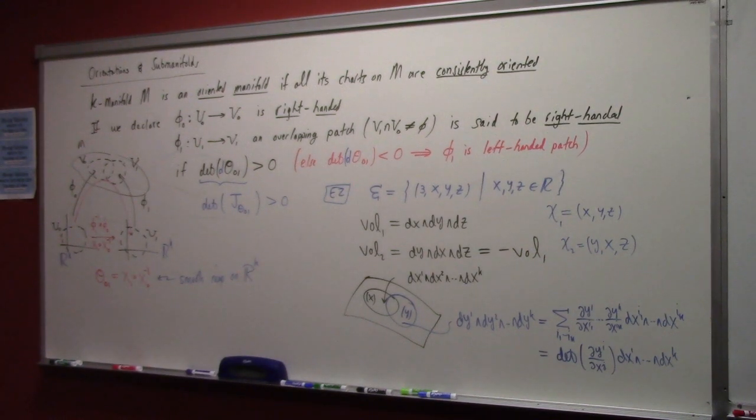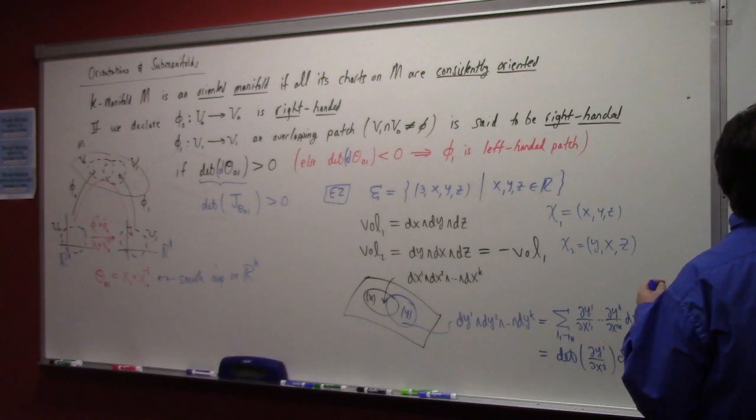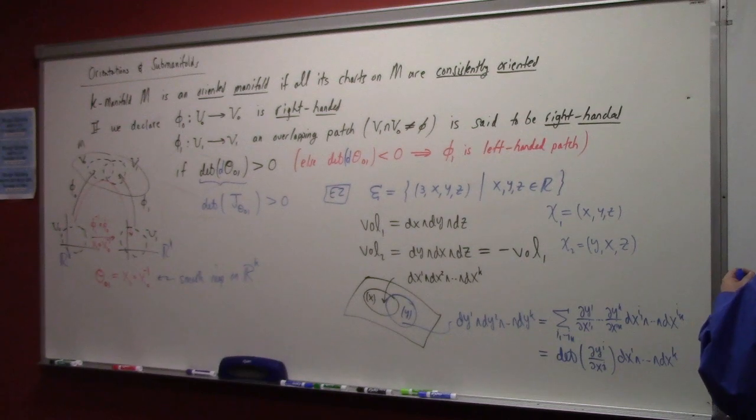So, definition: if M is k-dimensional and we're given vol, which is a k-form on M, and it's non-zero, then you can judge a chart x is consistently oriented if when we take vol and we feed it partial x1 through partial xk, we get something that is positive.